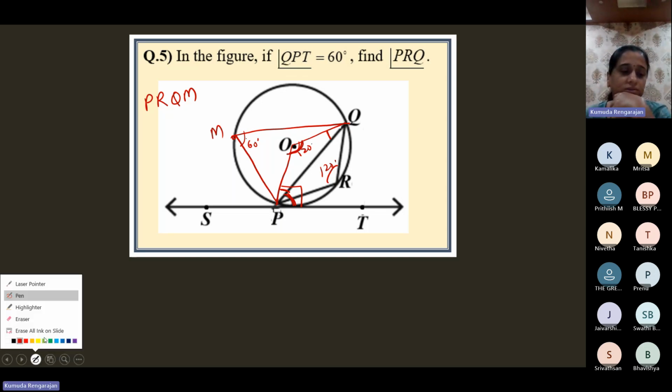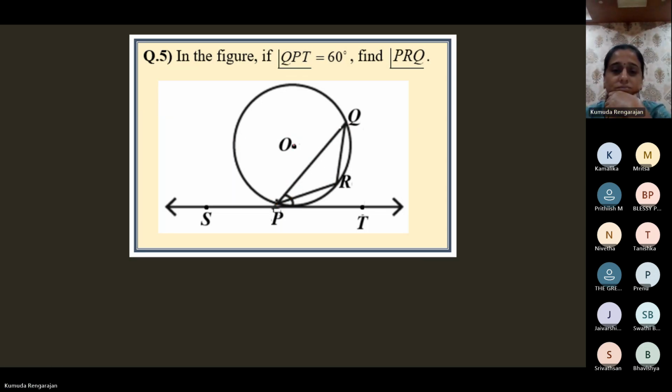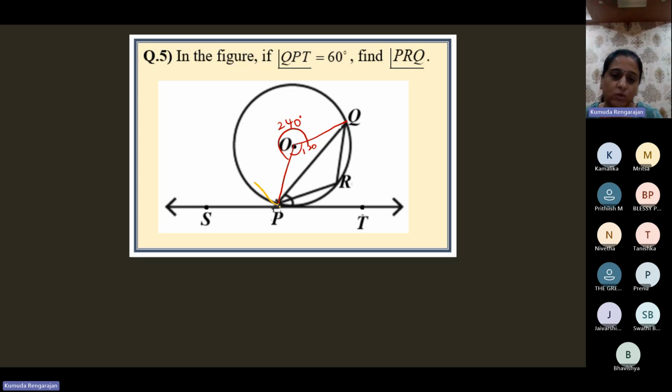The other way of doing it is, we got 120 here, right? You should find the reflex angle. This is 240. So the major arc PQ subtends angle 240 degrees at the center.